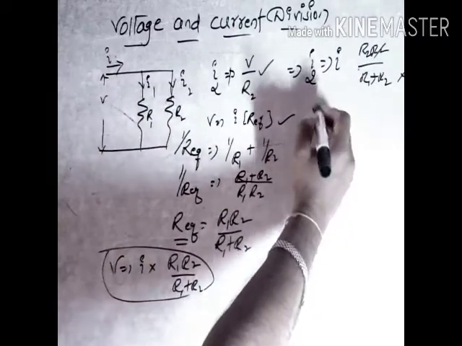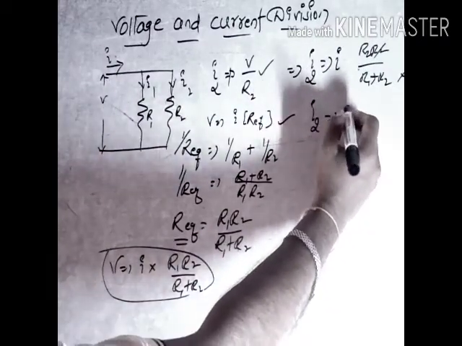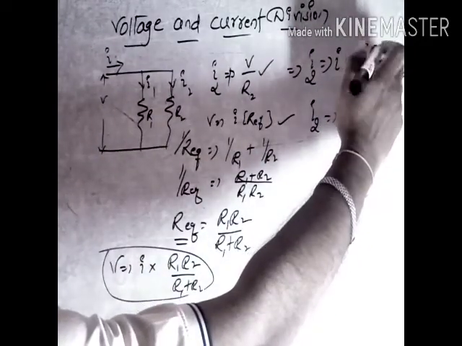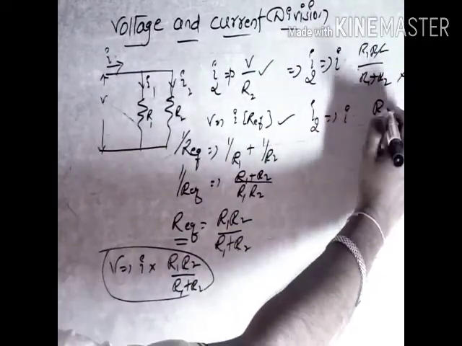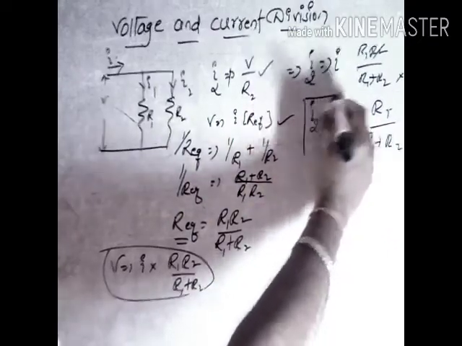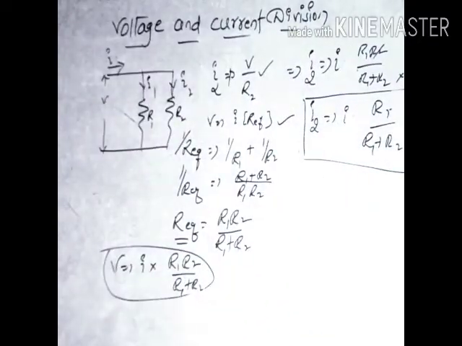R2 gets cancelled, and I2 can be written as I into R1 by (R1 plus R2). This is the current through element R2.